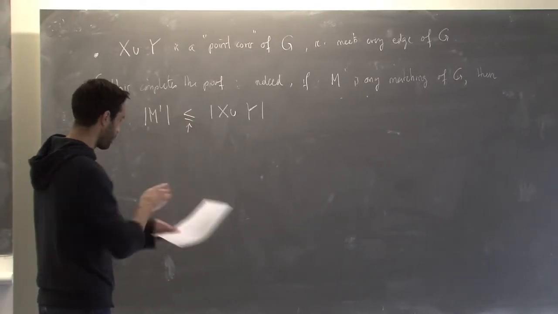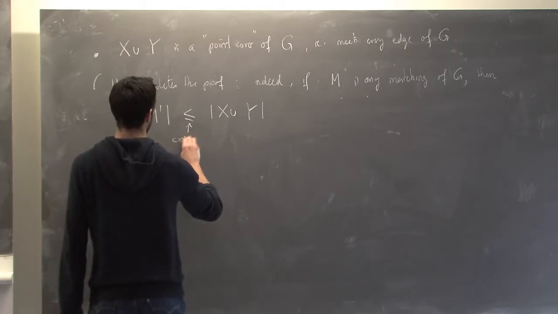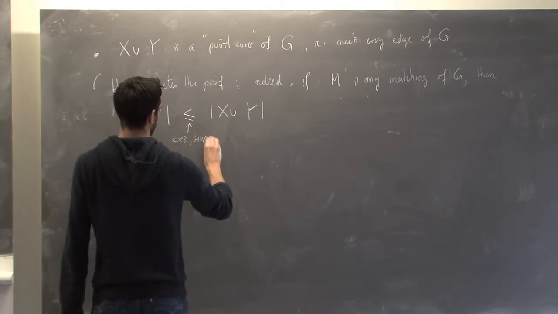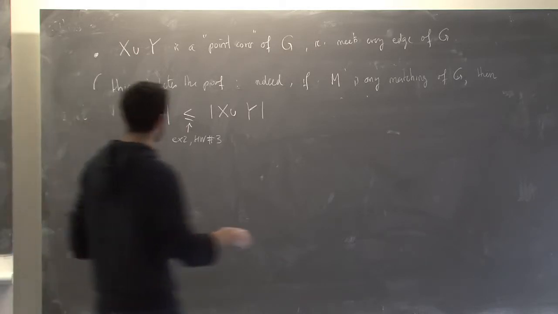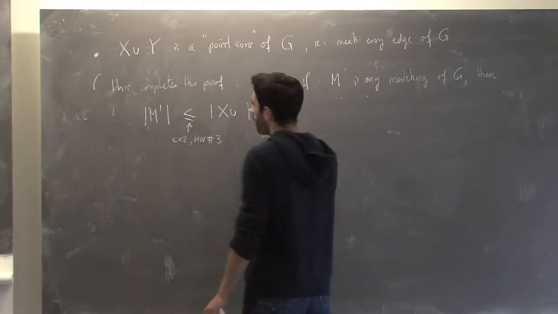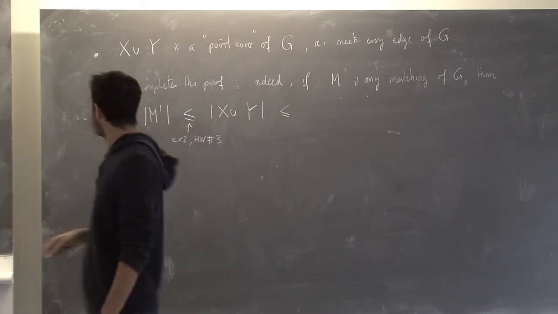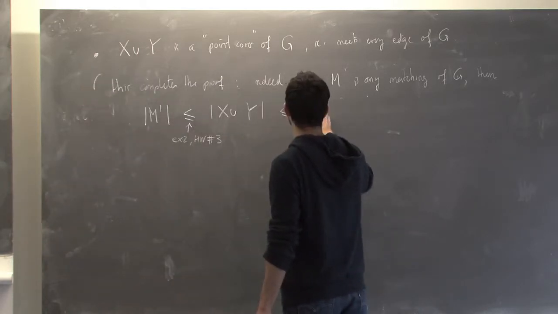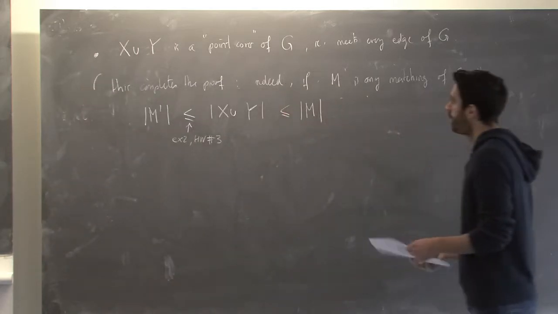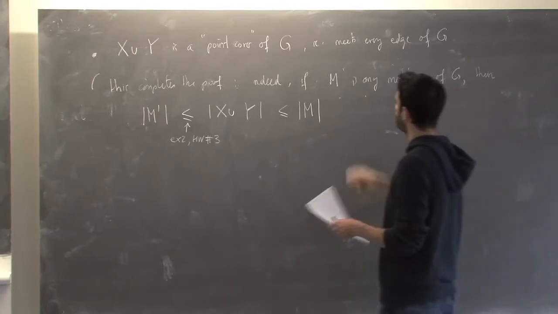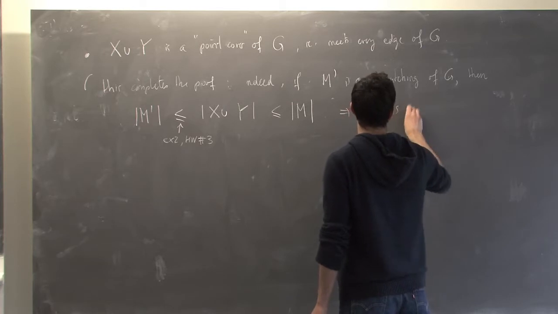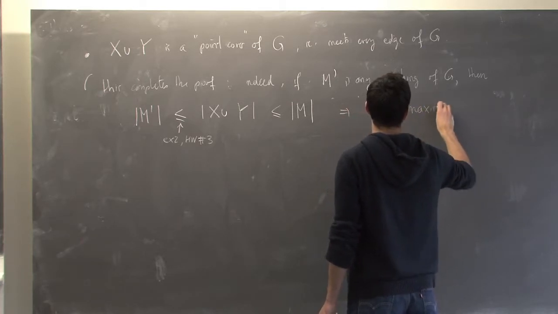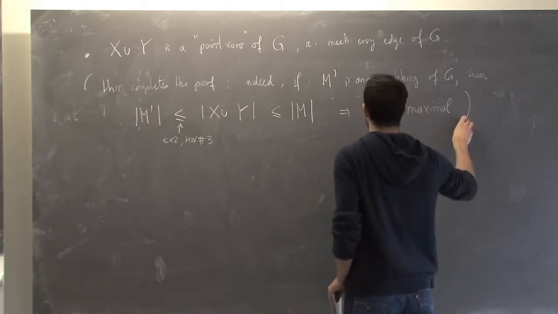It's numbered exercise 2 of this third homework assignment, which is here. And we had just checked that this is less or equal to the number of elements in M. So it means that M is maximal. Which is what we wanted to check.